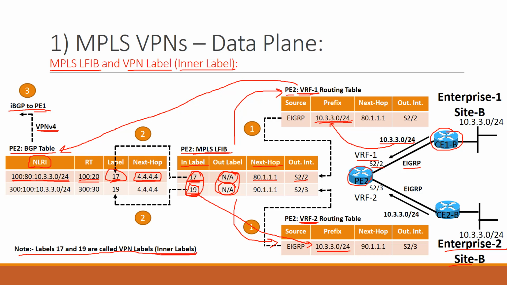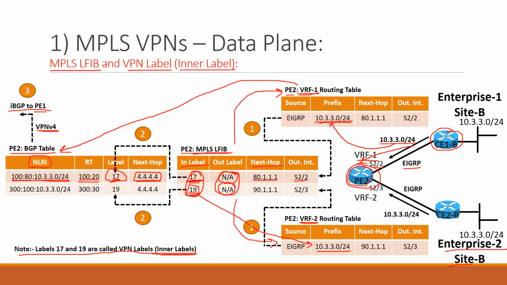In MPLS unicast IP forwarding, because PE2 was learning a prefix from the customer edge router, and it is not stored inside a VRF, it automatically assigns a local label to this prefix and advertises this IP prefix to label binding using LDP to the other LDP neighbors.